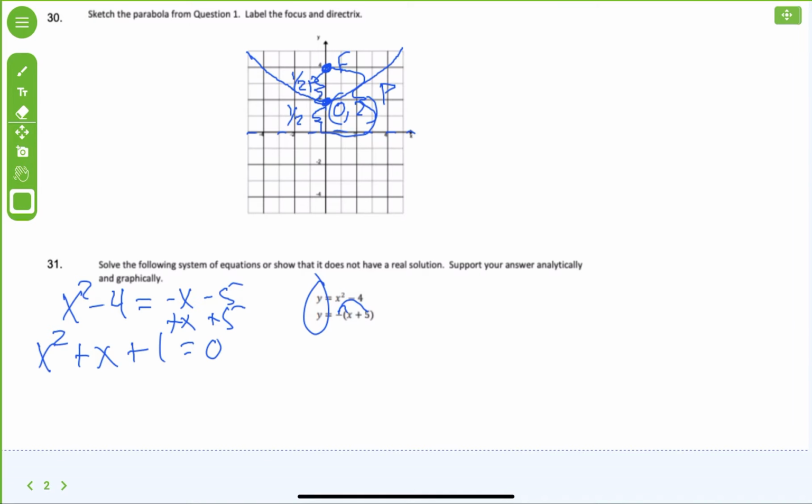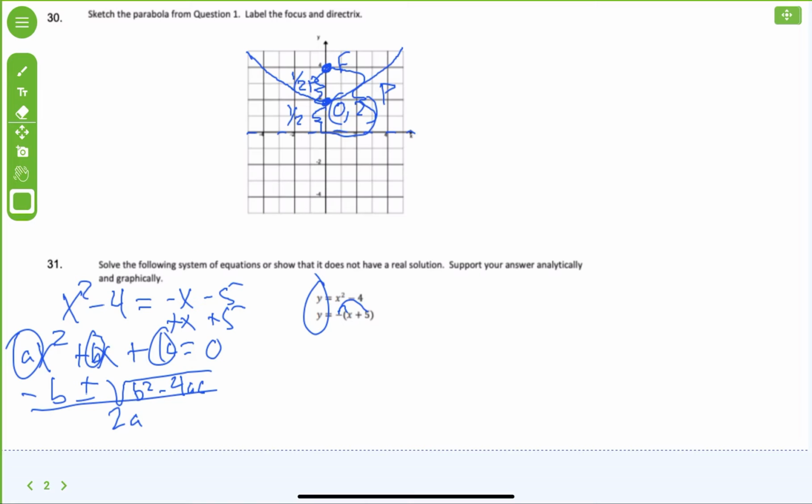Well, I cannot do trial and error, I know. So we would have to use the quadratic formula: the opposite of b, plus or minus the square root of b squared minus 4ac, over 2a. Where the coefficient here is a, the coefficient here is b, and this is c.